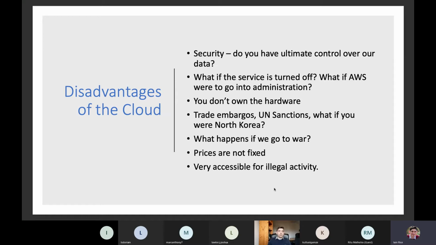The prices aren't fixed in the cloud, and this is a really important thing to get your head around as well. You're renting a computer from Amazon or from Google or from Microsoft, but it's not like they're saying it's costing you 50p per hour. Its cost is based upon what use it's getting.